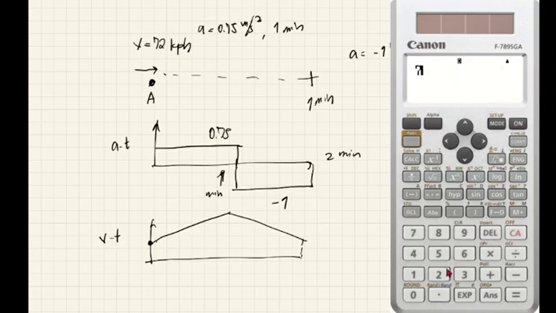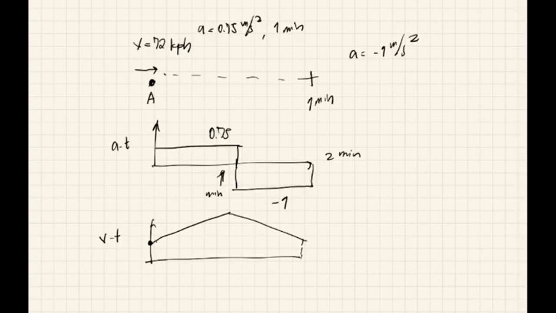Divide mo lang yan by 3.6. 72, 1 kilometer is 1,000 meters, tapos 1 hour is 3,600 seconds. So, divide by 3.6 nga. Okay, 20 meters per second. So, mag-start tayo sa 20 meters per second.